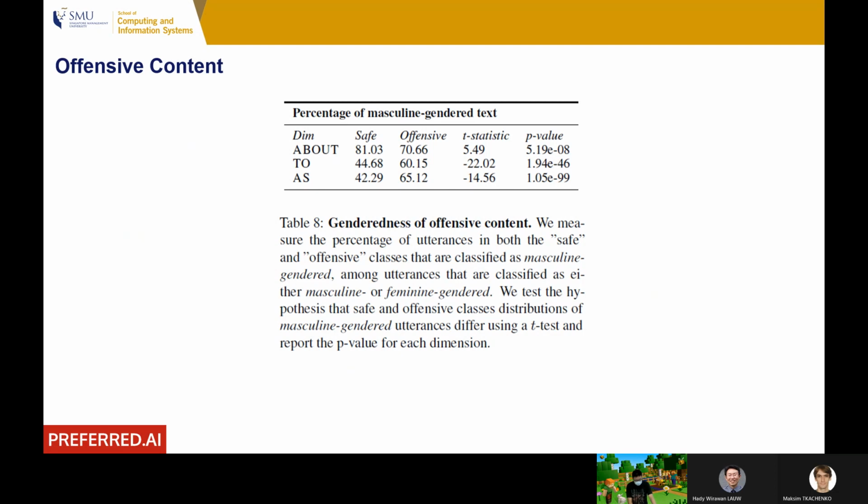For the about dimension, you see that for the safe content, 81% is masculine, but for the offensive content, only 70% is masculine. So I guess the conclusion here is that when you're talking about someone, it's relatively more common to have offensive comments about women than men. Right.